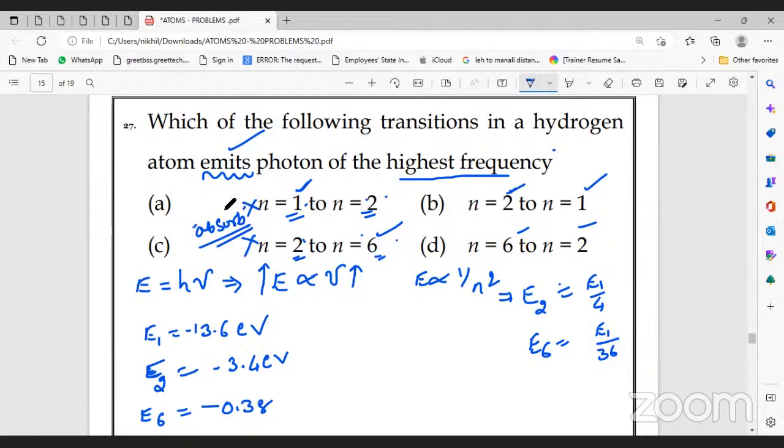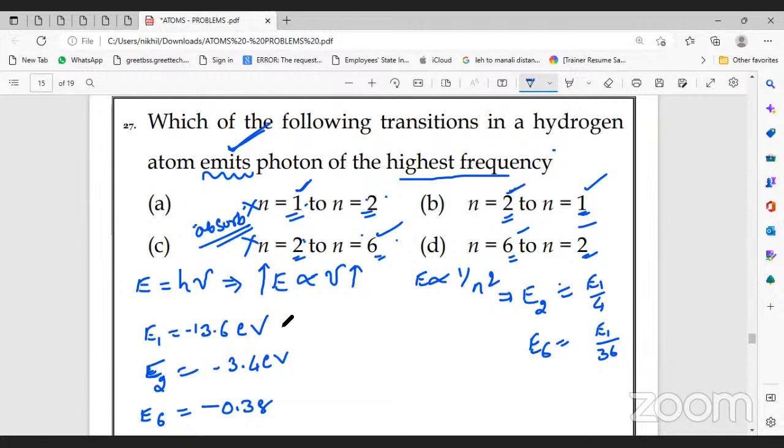In the problem they are telling it has to emit. In order to emit, the electron has to move from higher orbit to the lower orbit. Higher orbit to the lower orbit, 2 to 1 or 6 to 2.